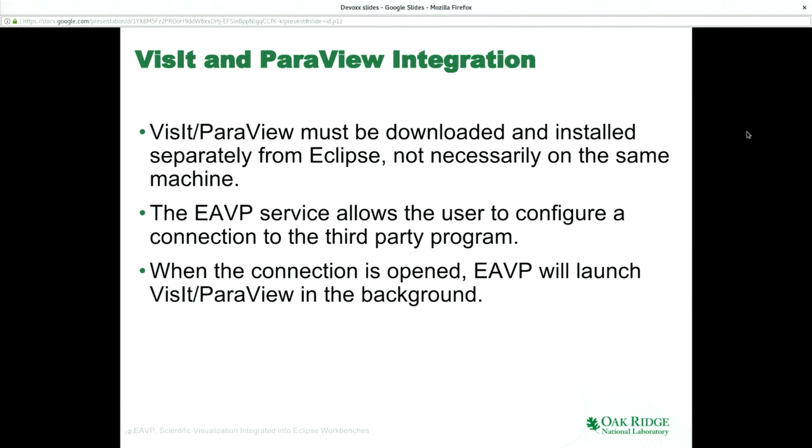So basically, once you have that set up and you've given EAVP all the information needed to open the program, what it does is when you try to access it, it will launch that connection, open the program, and then just run it in the background and use it as a backend.